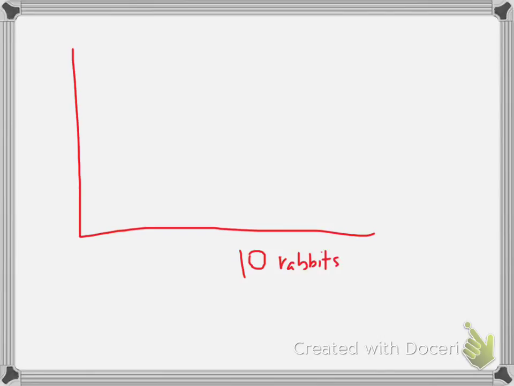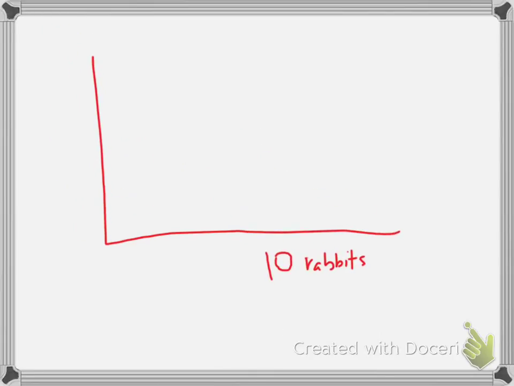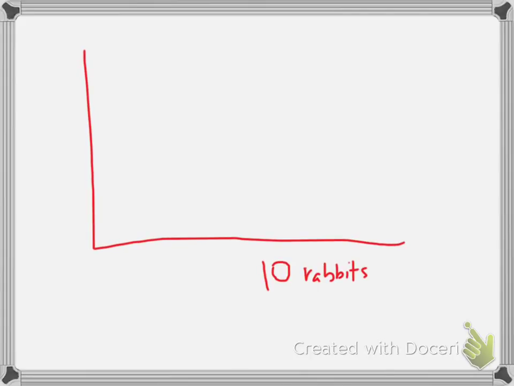Say we have 10 rabbits that are an isolated population. Perhaps they're on an island like Skittle Island. And we're interested in one particular gene. Maybe it controls eye color. Maybe it controls ear length. Maybe it controls having an extra toe on their back claws.